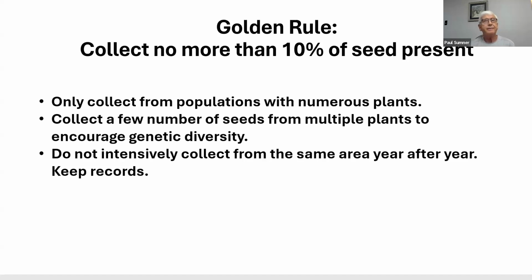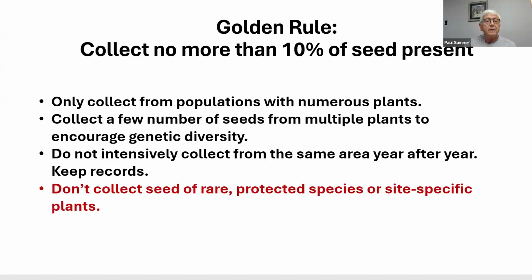Keep records of when you have been there, and go to another part of the area where that species of plant is available to collect seed from. And then finally, do not collect seed from rare, protected, or site-specific plants.